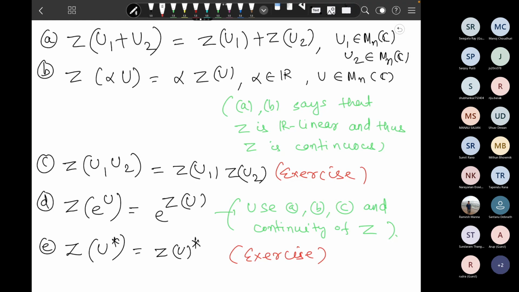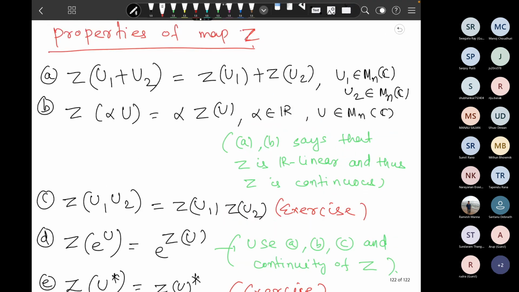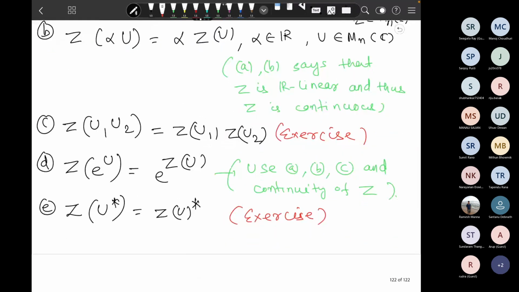Now Z U is a real matrix, right? By definition. So this will be the same thing as Z U transpose, because Z U is real, as Z U belongs to M2n(R).